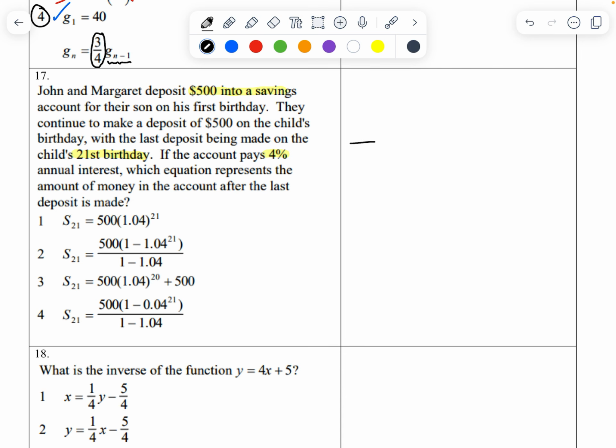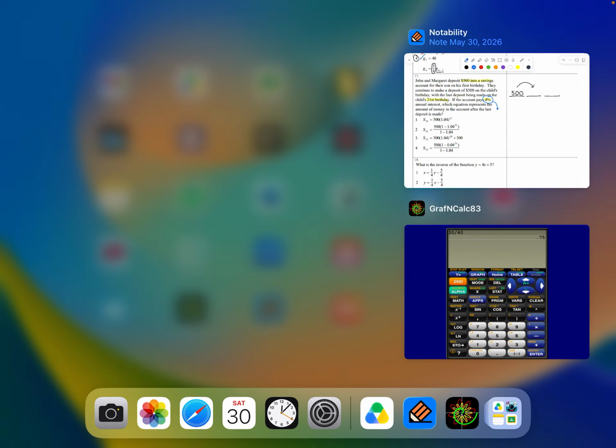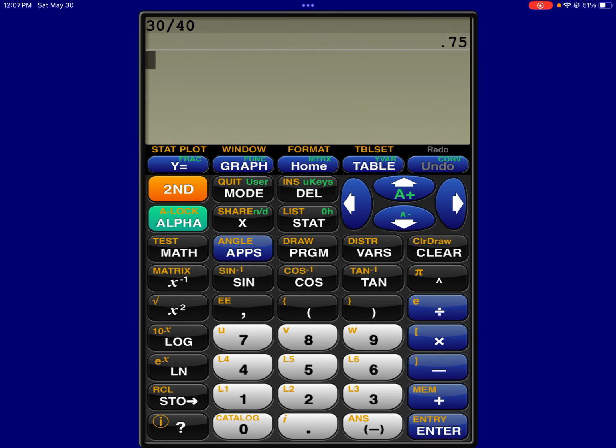So here's what's happening, okay? You have $500 the first year, okay? So how much money do you have on the second year? Well, if you are increasing this by 4%, if I just take $500 and I multiply it by 0.04, my next year, I don't have $20.